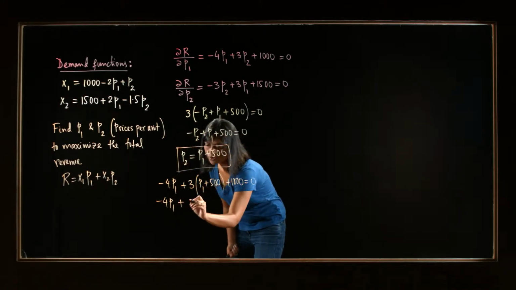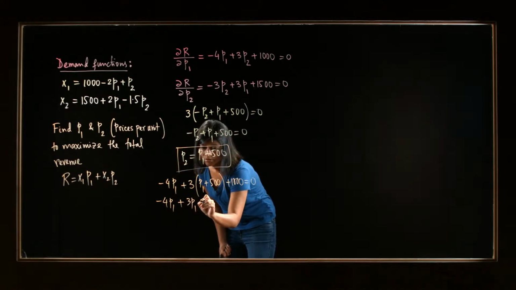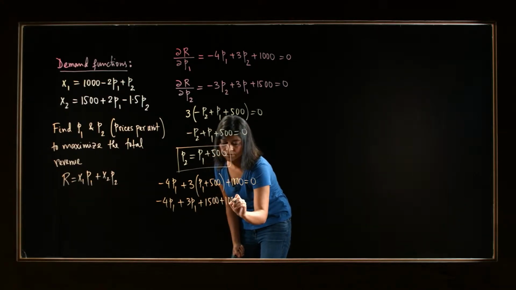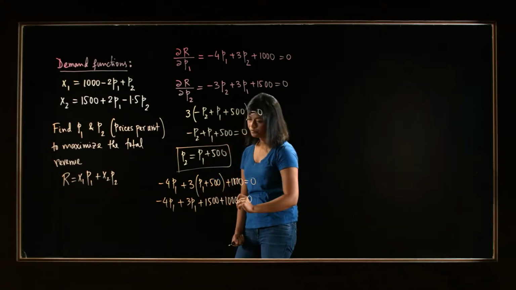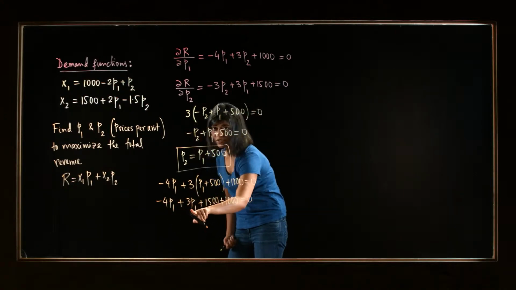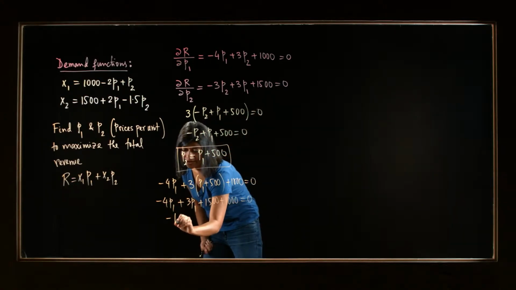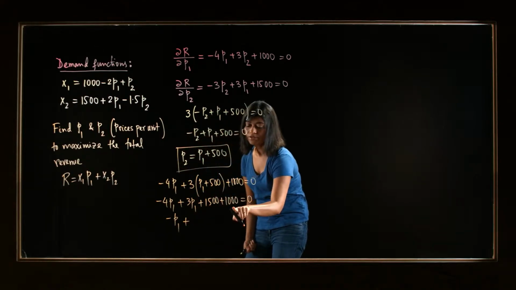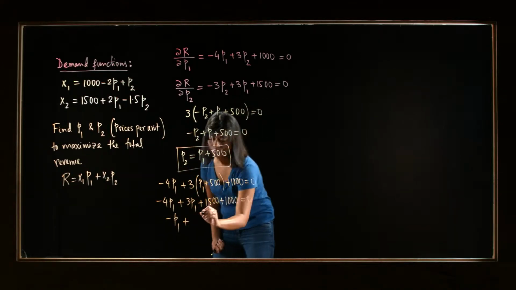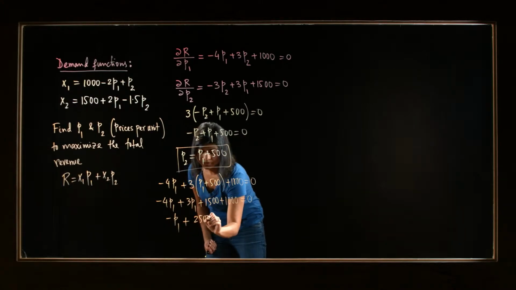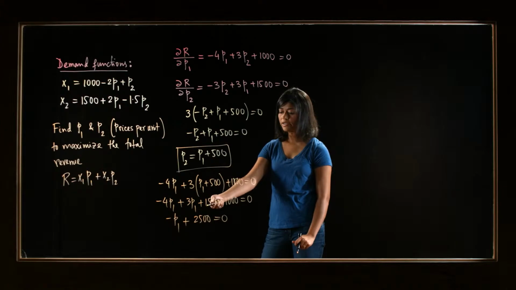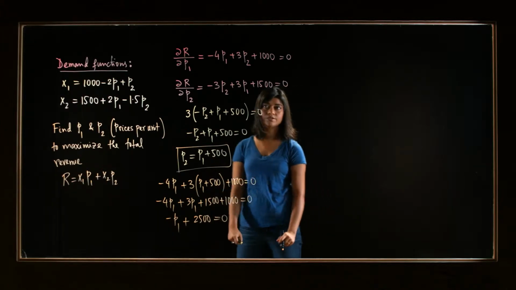So we can distribute 3, so it will be 3 p1 plus 1500 plus 1000 equals 0. So negative 4 plus 3 is negative 1. So you get negative p1 plus 1500 and 1000, so 2500, that is equal to 0, and you see that p1 is 2500, right?